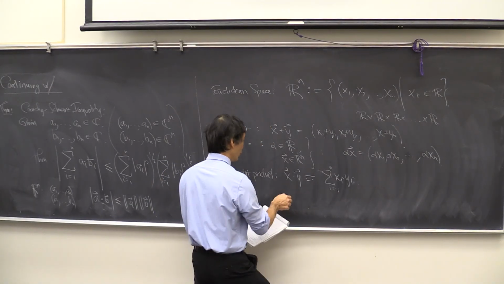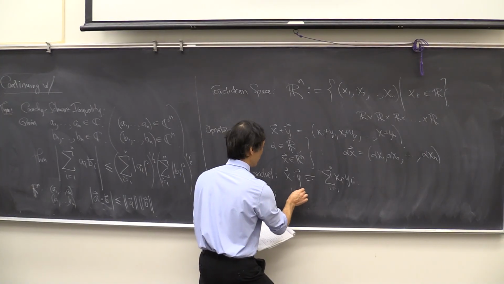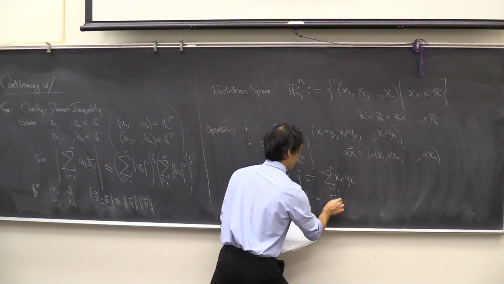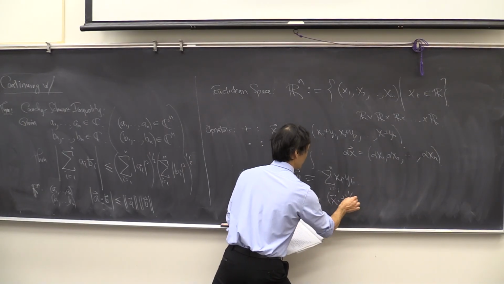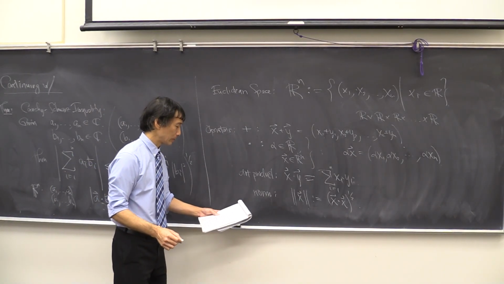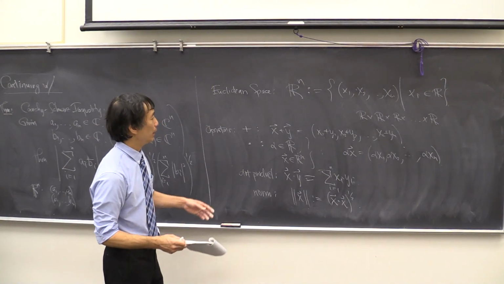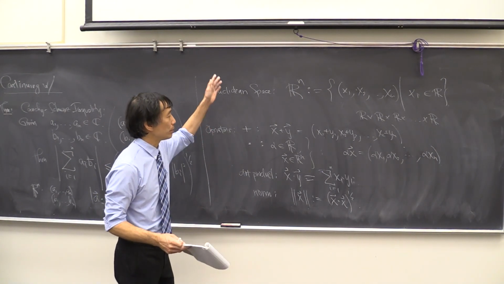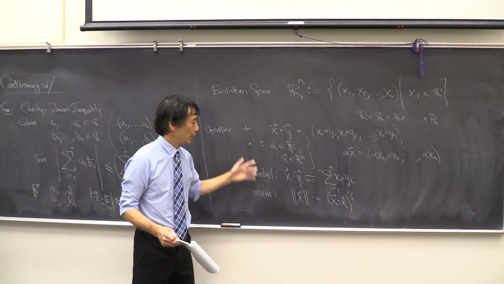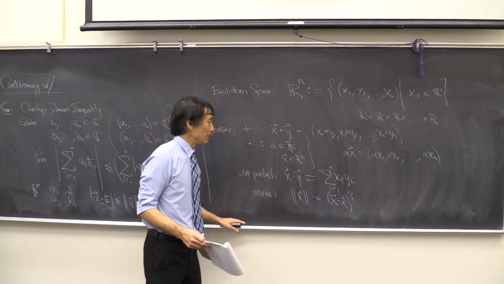You have the norm, or magnitude: the magnitude of the vector is the dot product of it against itself, and then you take the square root. So you've got the space, some algebraic properties, and some notion of size.